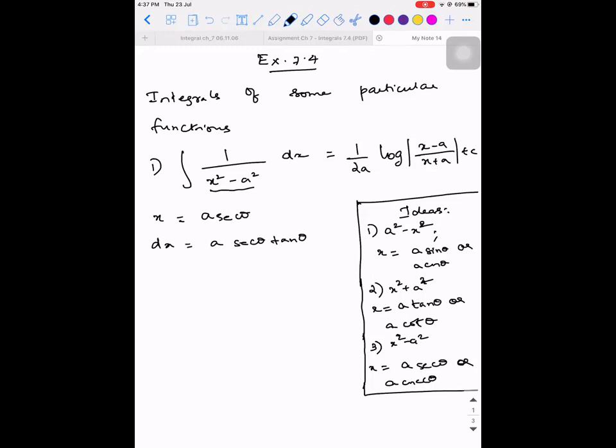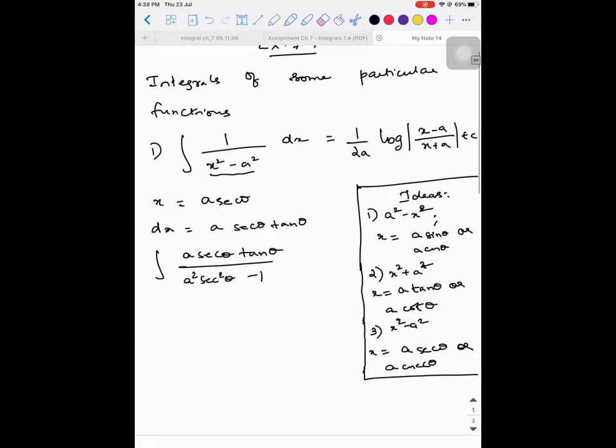Can I write it like this? So integral of dx divided by x square minus a square. In the place of dx, what do I write? a secant theta tan theta divided by a square secant square theta minus a square, into d theta.